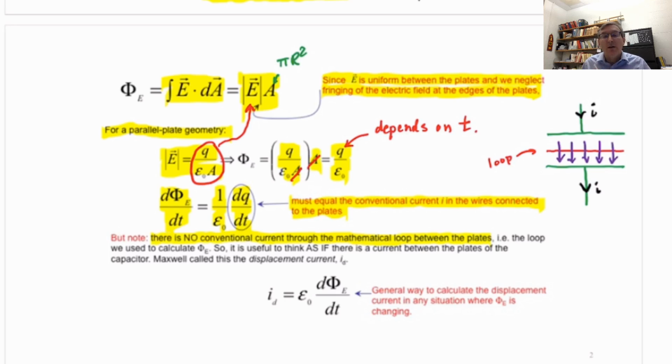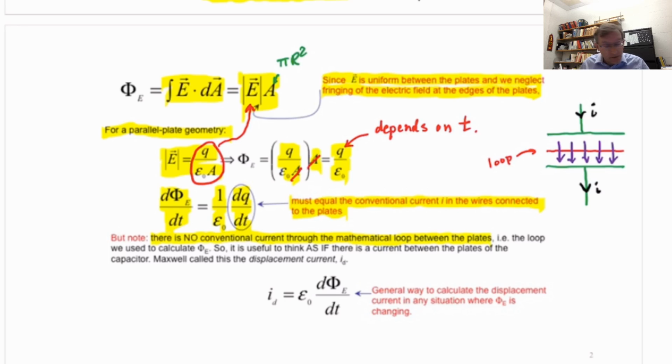But what Maxwell argued, because he was studying this situation, he said, well, it will be convenient to think as if there is current flowing through the mathematical loop between the plates.